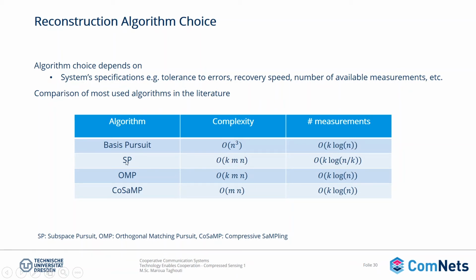We have the subspace pursuit with a complexity of O(KMN), also with this number of measurements, also OMP and CoSaMP, which has the least complexity here. And you can easily remember that the basis pursuit is the one with the highest complexity here.